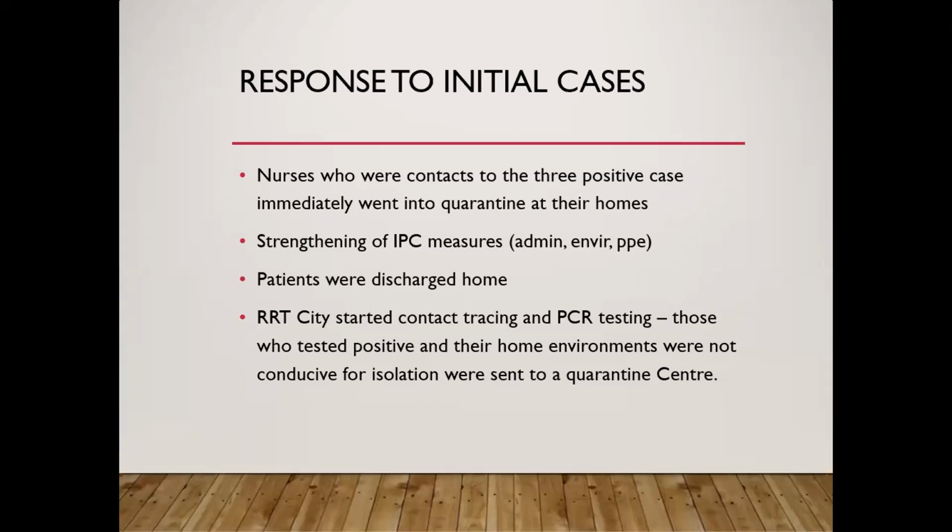And the patients who were diagnosed with COVID-19 were discharged home. These patients were stable when they were screened for COVID-19. So upon getting that diagnosis, they were discharged home for isolation at home.